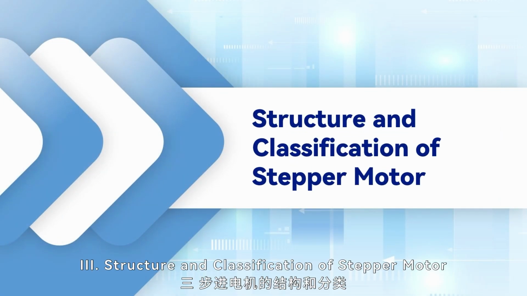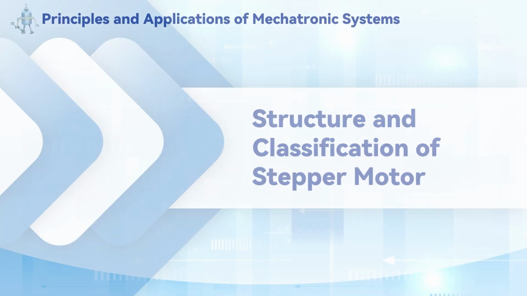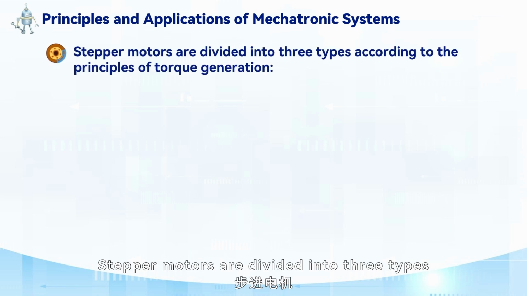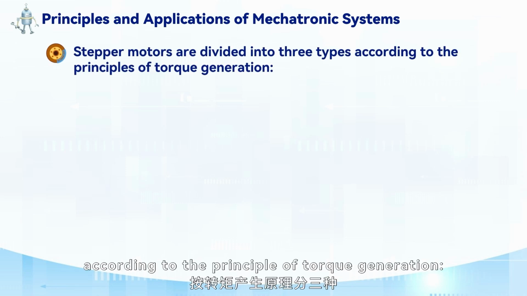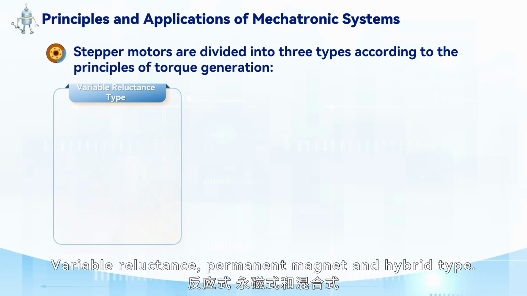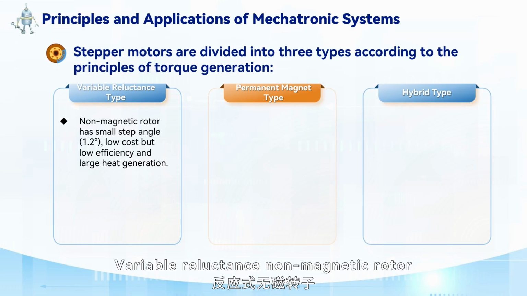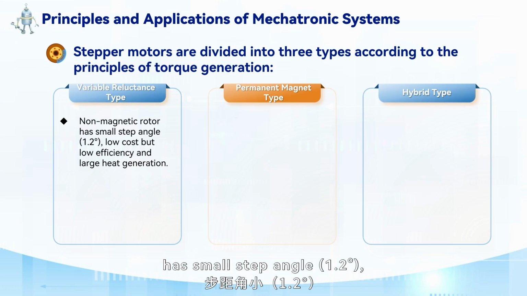3. Structure and classification of stepper motor. Next, we focus on the structure and classification of stepper motor. Stepper motors are divided into 3 types according to the principle of torque generation: variable reluctance, permanent magnet, and hybrid type. Variable reluctance has a non-magnetic rotor with a small step angle, 1.2 degrees.